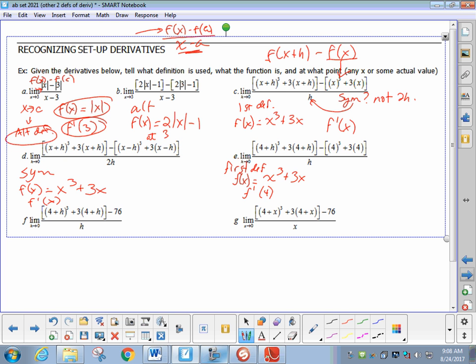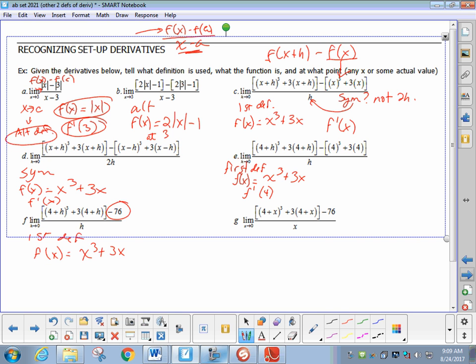Which definition? Okay, first definition. f at x. Now this is kind of kooking me out right there. What the heck is going on? So if that kooks you out, maybe you should just ignore it and look at the first part. Because the first part's right. x cubed plus 3x.